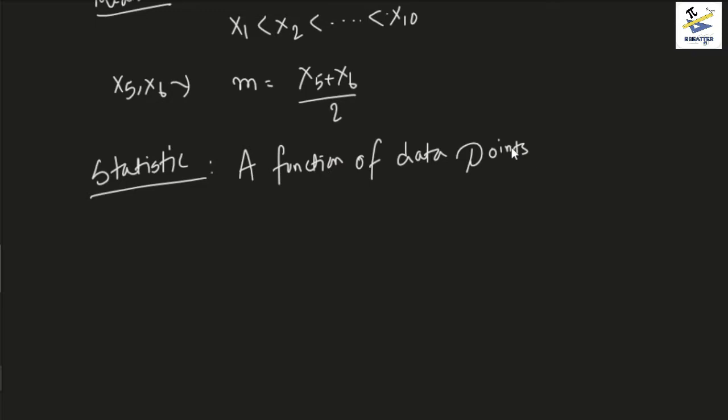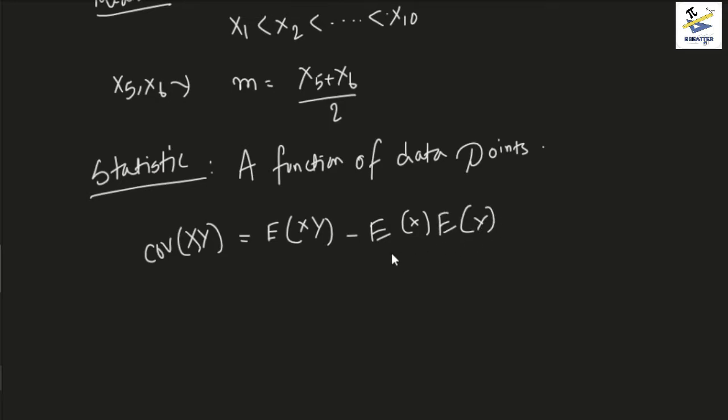An example of a statistic would be the covariance. Covariance of x comma y would be E of XY minus E of X into E of Y, right?